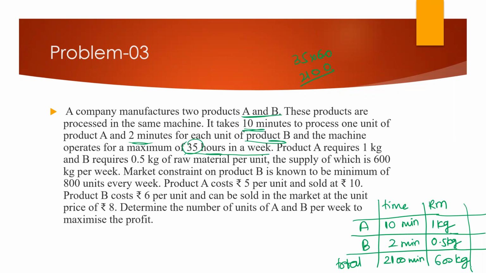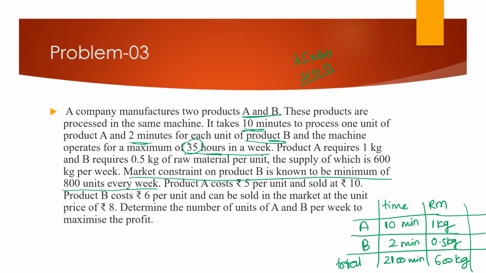The market constraint on B is known to have a minimum of 800 units per week. So when you're manufacturing B, you have to manufacture a minimum of 800 units per week.